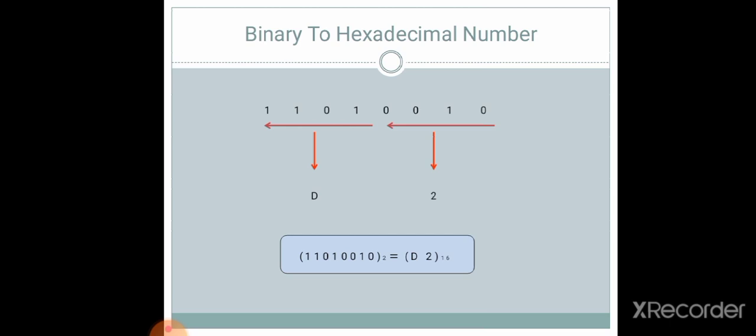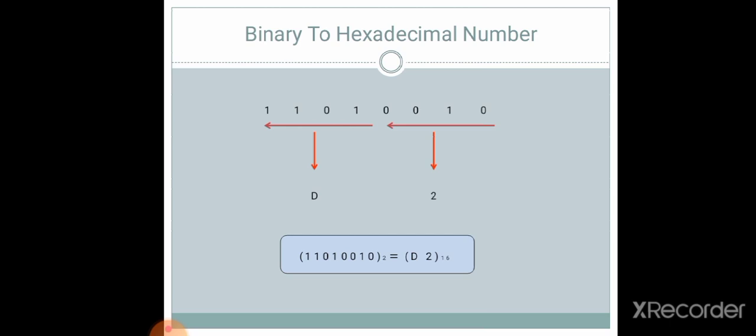But for hexadecimal, after 9 we are putting alphabets. So for 13 we have taken D. I will show the procedure for how to put the decimal equivalent for 4-bit binary. So this is the conversion method for binary to hexadecimal number.